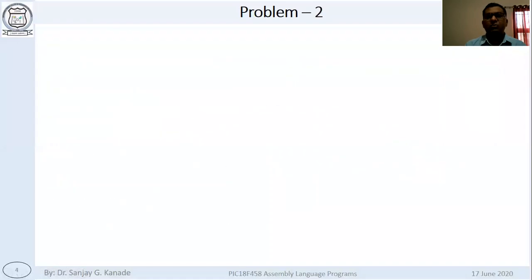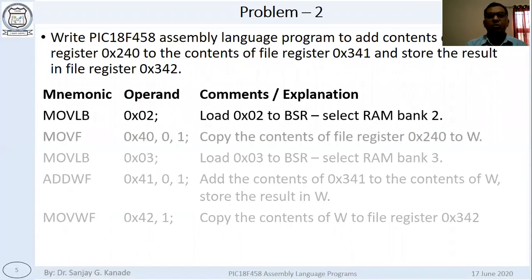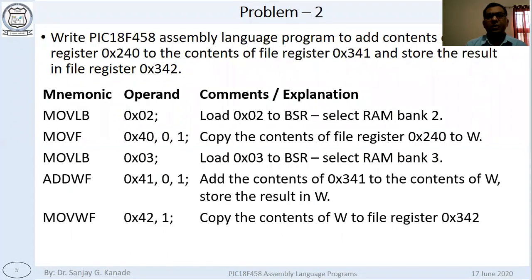We are going to see problem number 3 now. Two problems we have already covered. Both the problems were actually adding contents of one file register to another file register and storing the result in a third file register. In the first problem, all the three registers were from bank 0, in the access bank section.